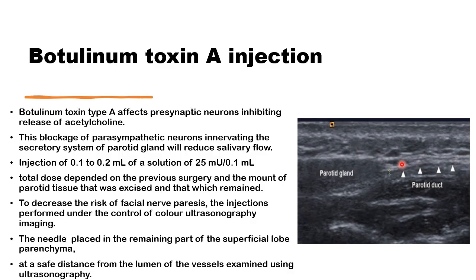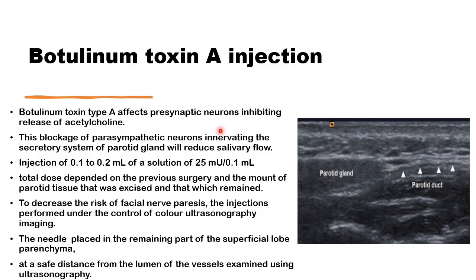By using ultrasonography, if it's a color ultrasonography scan, you try to avoid placing the needle into any nearby vessels, and there are several of these, and also strictly placing the needle into the residual parotid gland would reduce the chance of injecting into a facial nerve branch.